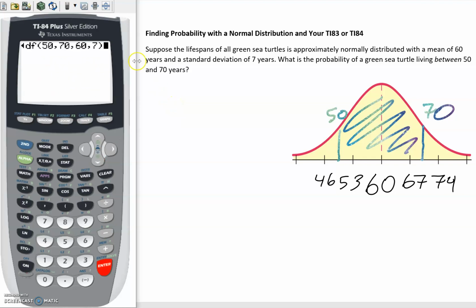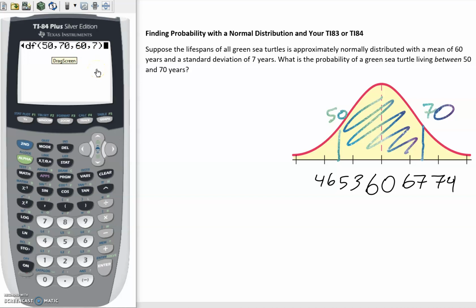If we paste that, to the left here, it just says normal CDF. You can scroll to the left to see that in your calculator. But if you have a calculator like a TI-83 where you have to input these manually, again, it's lower bound, comma, upper bound, comma, mean, comma, standard deviation. So all 4 of those entries we would need to have.